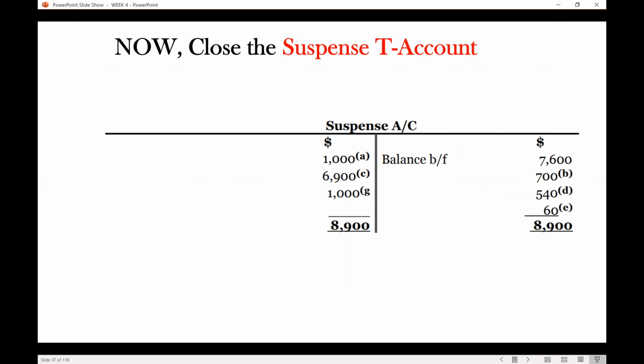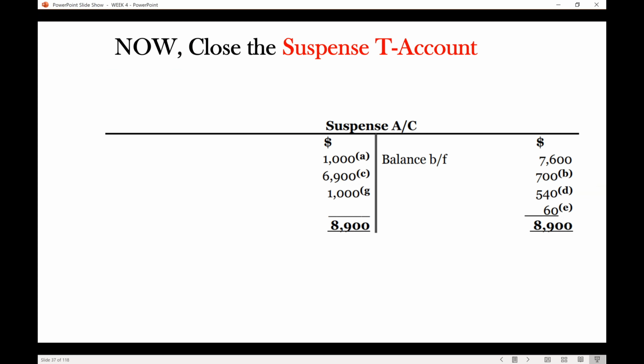And remember, I said that the suspense account should close on its own. So let us close the suspense account and see. To close an account, remember what we do? We add both the credit and the debit side, right? And if you look here, just by adding both sides, we would have gotten it to equal 8,900 on both sides, and that is closing the account.